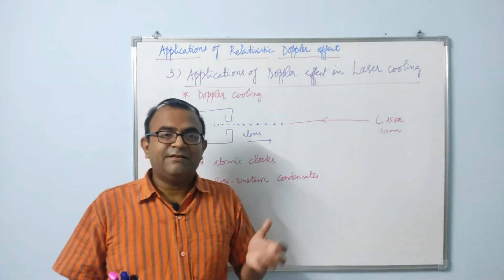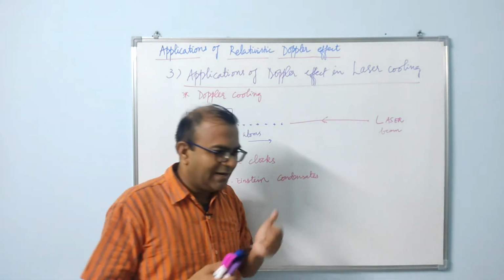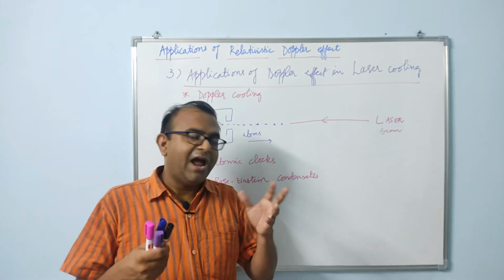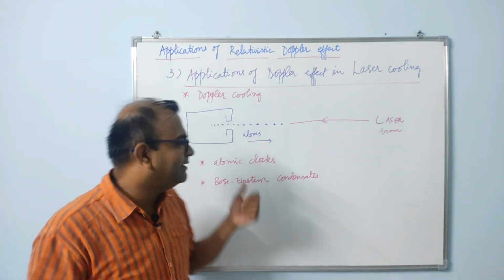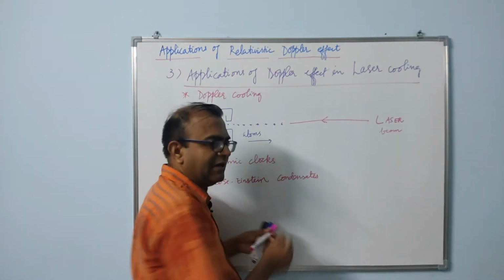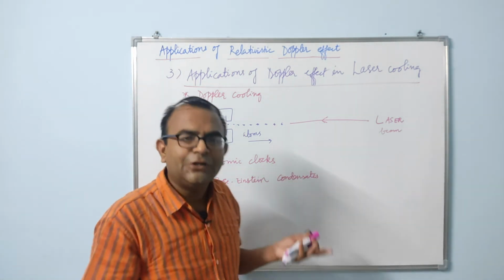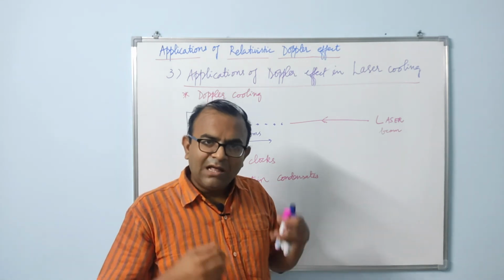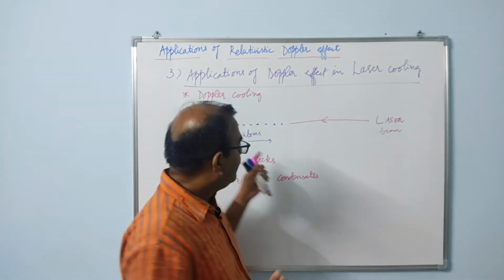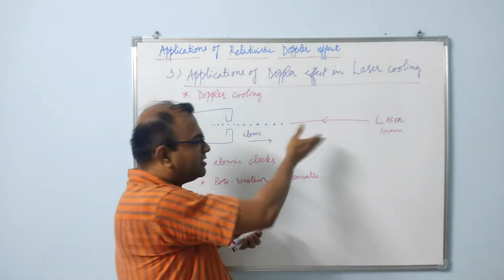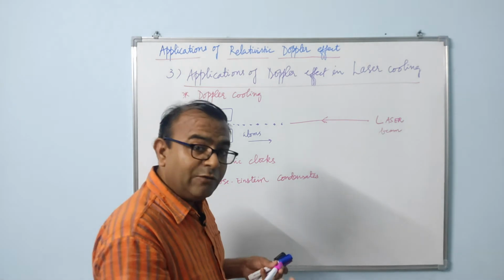Now the question is, they absorb energy from the photons of the laser beam. One would typically think that maybe the atoms could heat up, but that is not the case here, because the atoms absorb a photon in a particular direction, and then the re-emission of the photon by the atoms after some time is spontaneous. And for such a spontaneous emission, effectively the momentum of the atom in this particular direction is reduced.